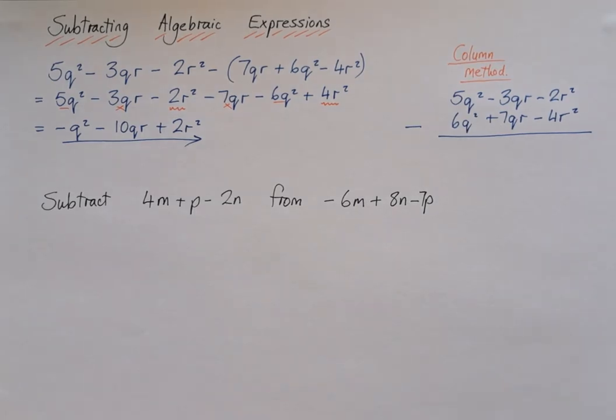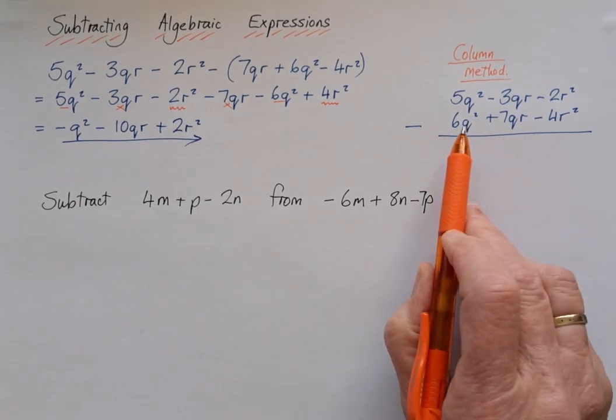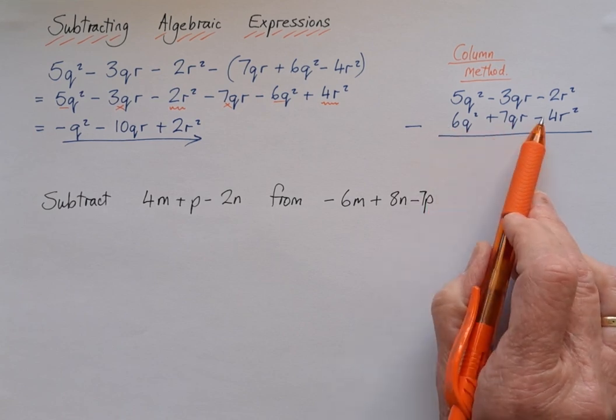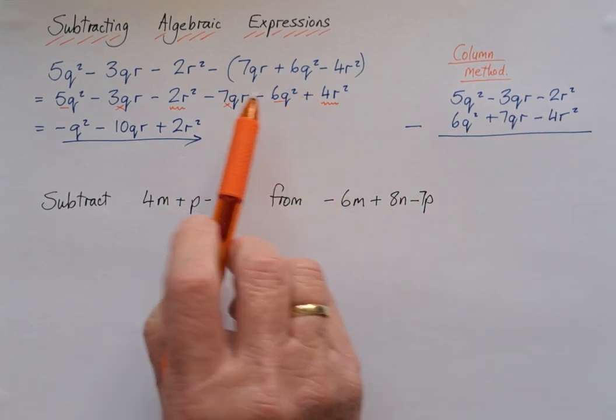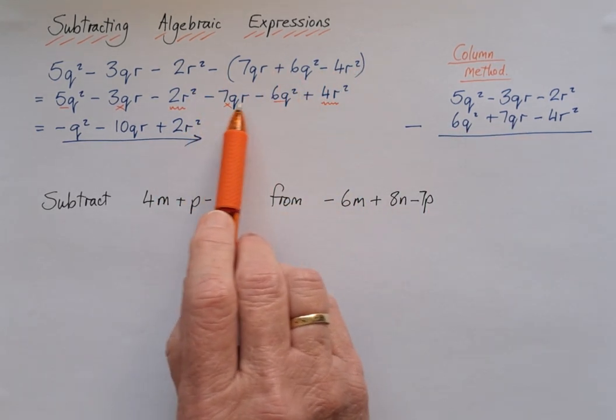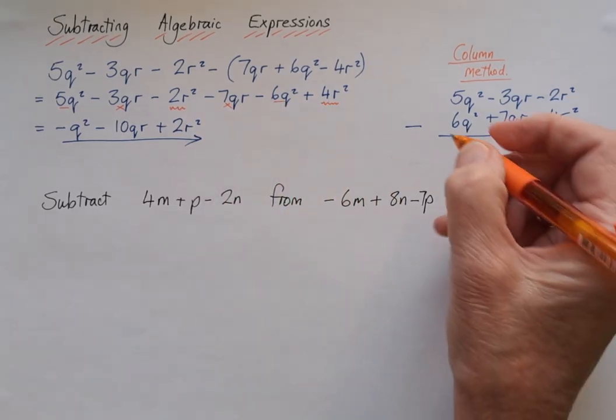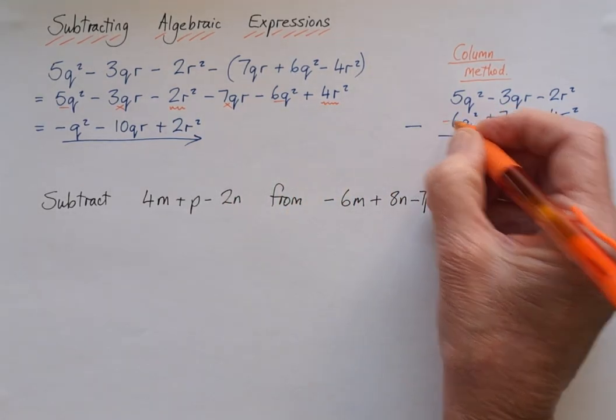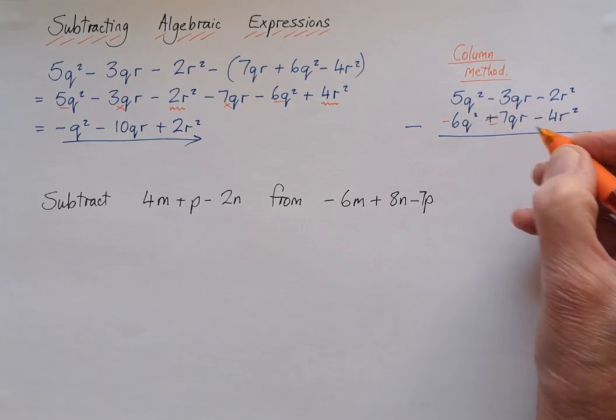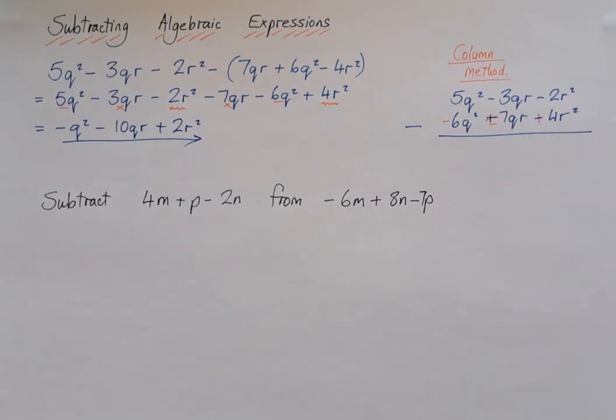And now, if I'm subtracting, the first thing I have to do in column method is change all the signs in the bottom expression, which, if you think about it, is exactly what happened over there. All the signs changed. So I first of all change positive into negative, negative into positive, and then it will be like doing an addition sum. You simply do what the sign tells you.